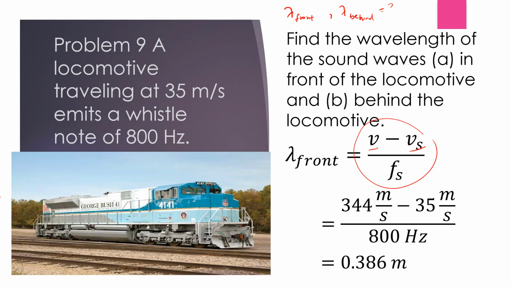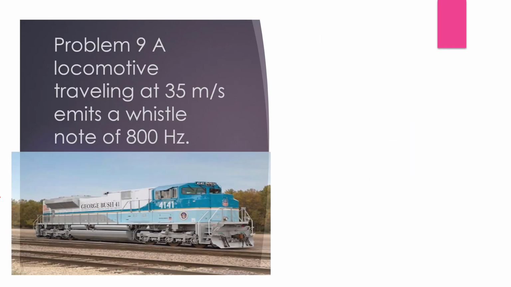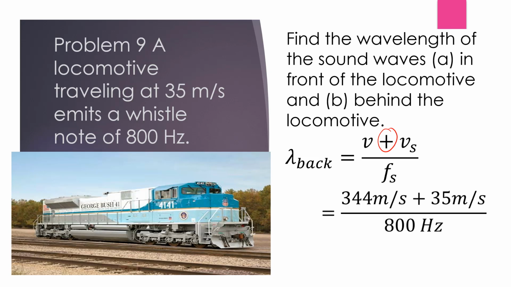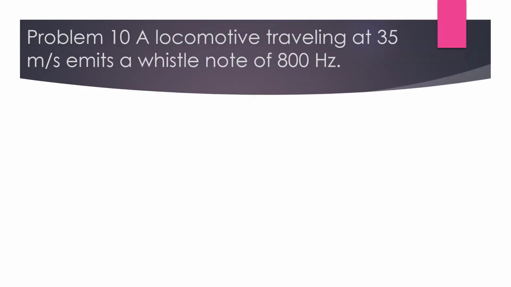Therefore, lambda front, the wavelength in front, is equal to 0.386. For lambda behind, or lambda back, it is equal to v plus vs, okay, for behind, that is plus vs. Plug in the given, we have 344 plus 35 over 800, we will get 0.474 meters.